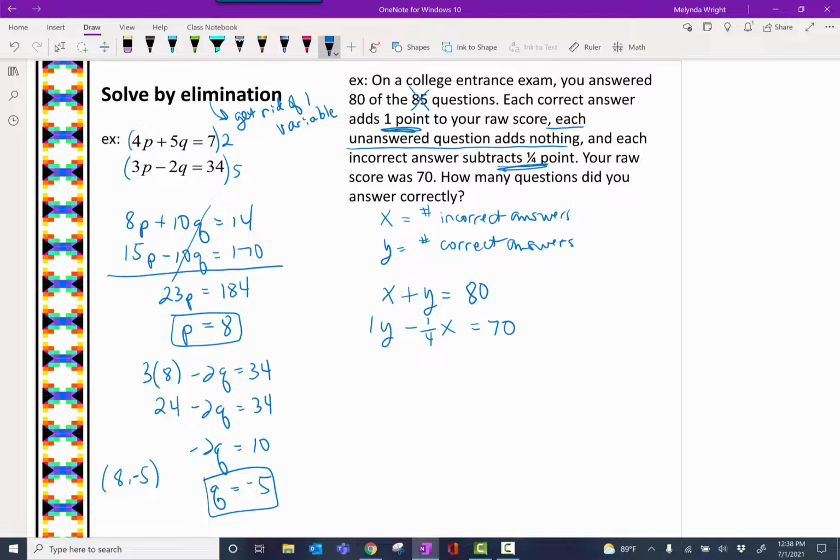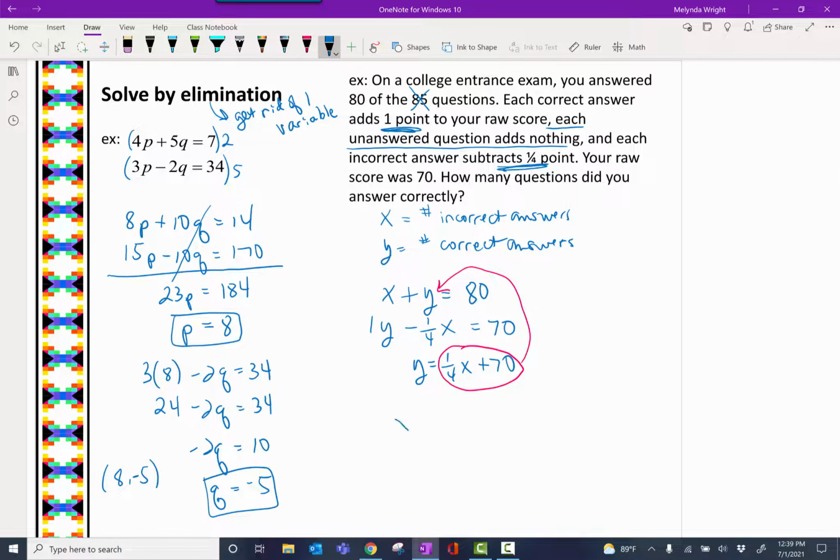Okay, great. We could do elimination or substitution. It doesn't really matter. I decided to do substitution. What I did is I took this equation and solved it for y. So I moved the 1/4 x over. And then I'm going to substitute it right there.